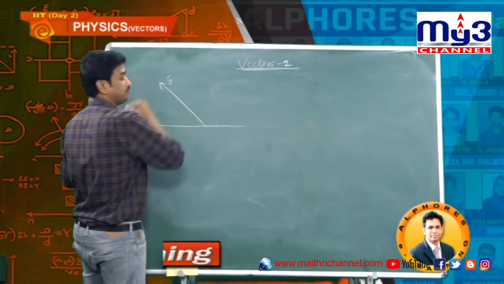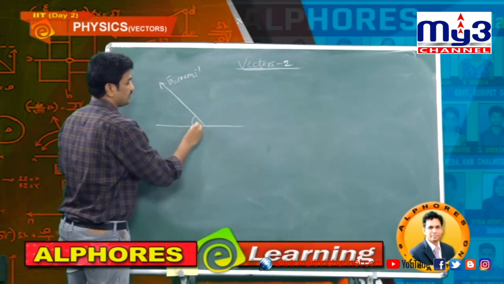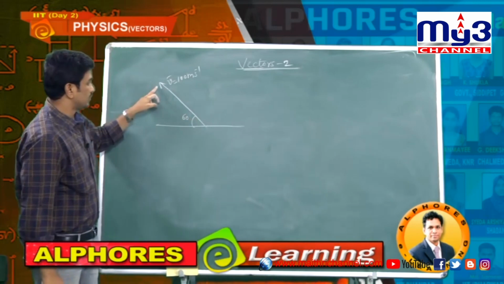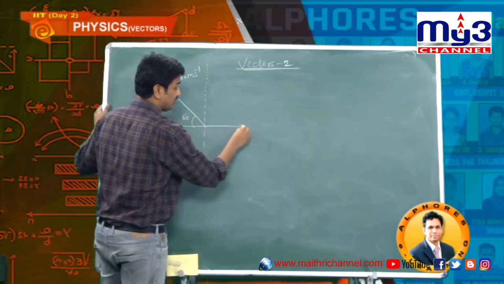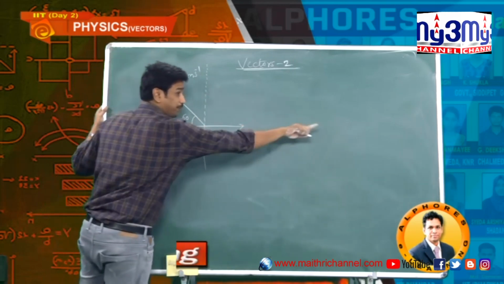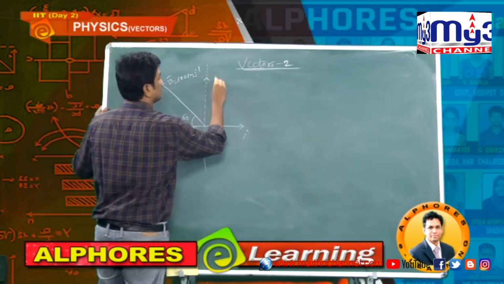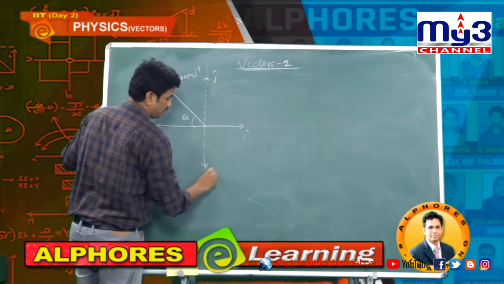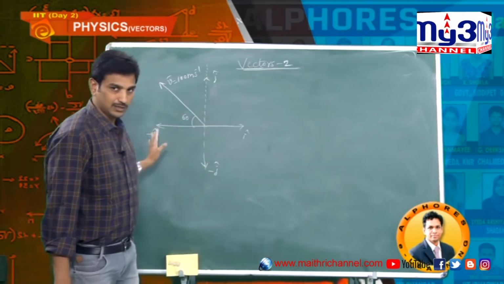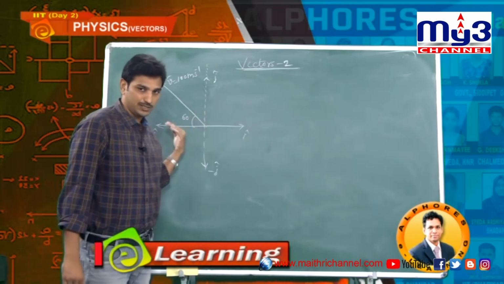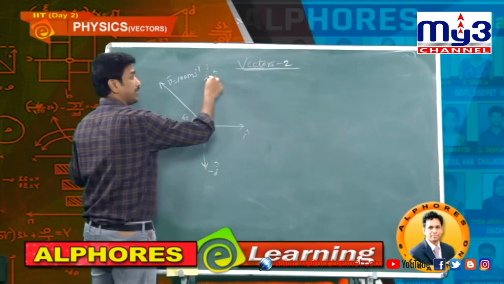Velocity v bar is 100 meter per second, at an angle of 60 degrees. The dotted line is the direction of plus x, I cap, and the direction of negative x is minus I cap, and similarly j cap and minus j cap. In a problem they will give you the directions, no problem. Here I took this. In a numerical they will also mention which is I cap, which is j cap, which is k cap.